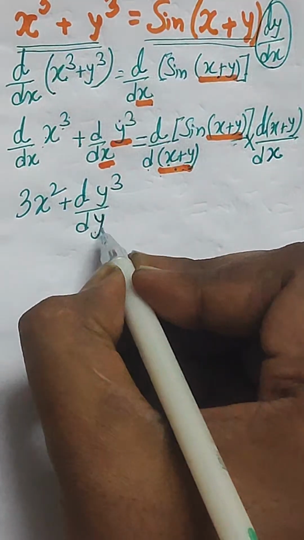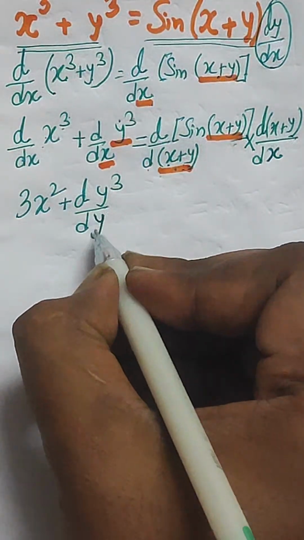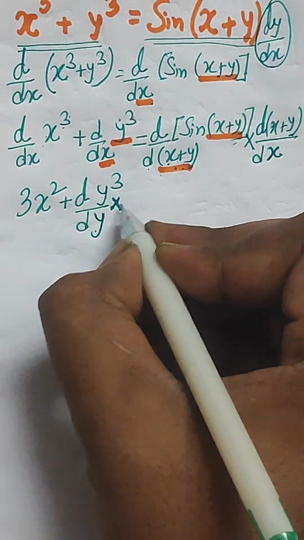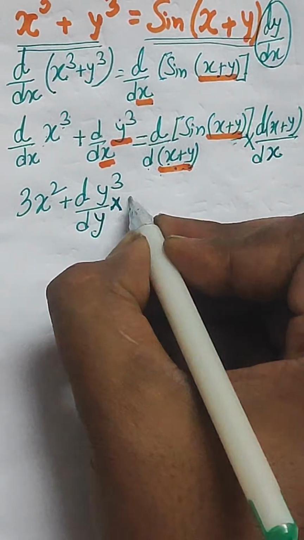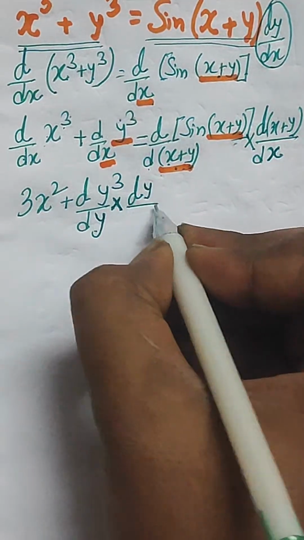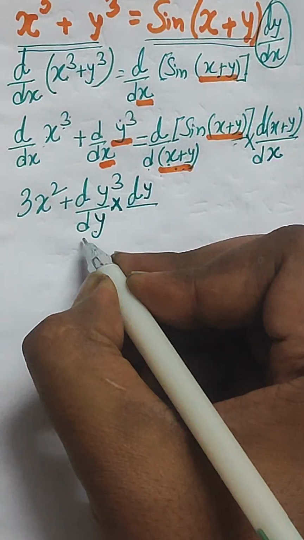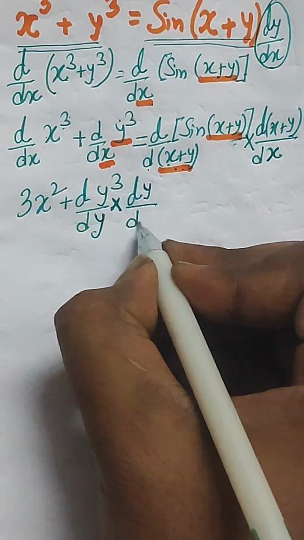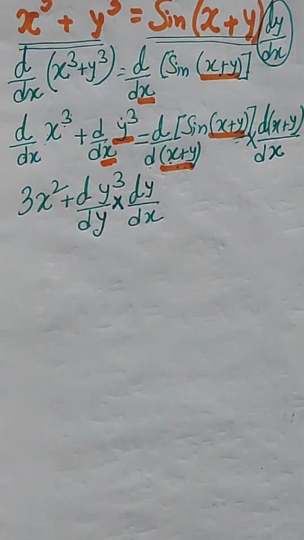This y is inserted into the denominator, so it can be inserted into the numerator also, so that numerator and denominator cancel out, and we have dx here.